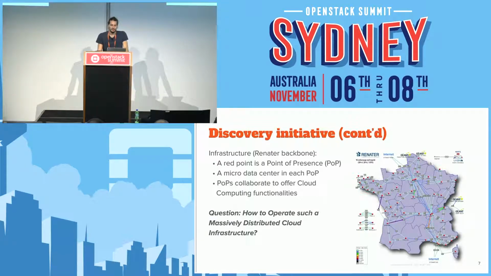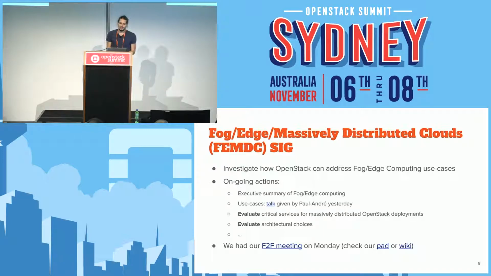So the question is, how can we operate such a massively distributed cloud infrastructure? So to that end, we naturally turned to OpenStack, the de facto solution for managing cloud. And we founded the Fog and Edge Massively Distributed Cloud working group between the Mitaka and the Newton release of OpenStack.